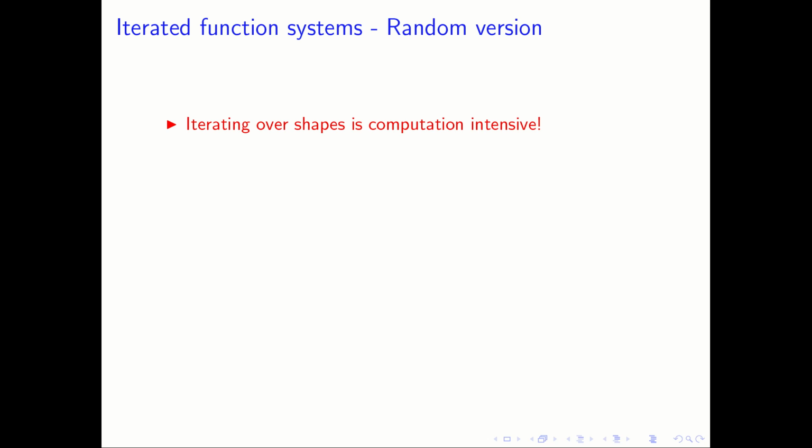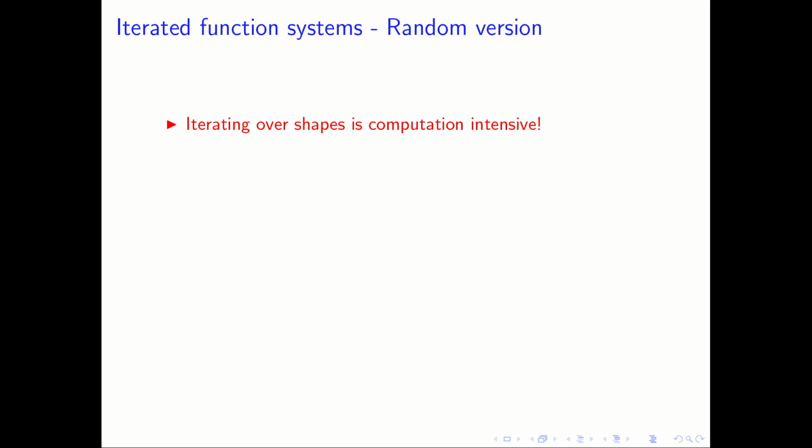There's only one problem here. Iterating over shapes, if you wanted to do it on a computer, would be very, very computation intensive. After all, you're supposed to take every point inside the set S and apply f1, f2, f3, etc. on every one of those points. That would be impossible on a computer anyway because you have infinitely many points to deal with.